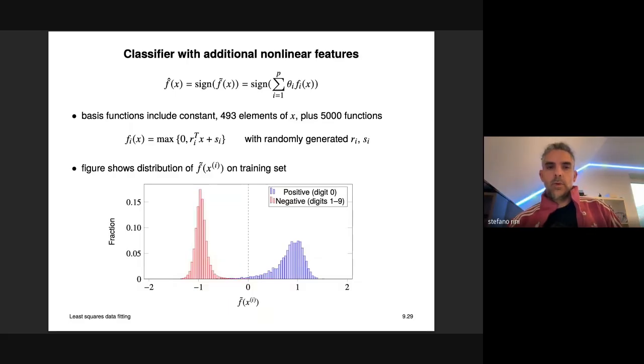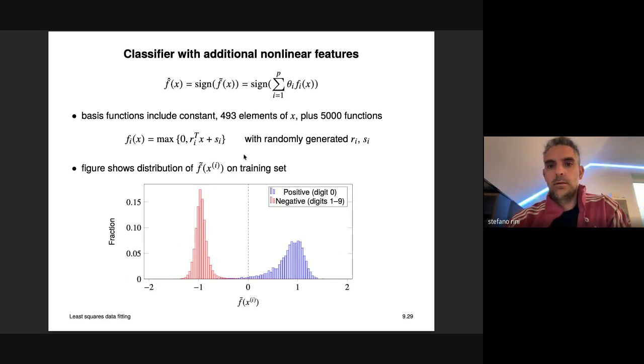And what we can do is add some nonlinear features. We can create additional random features, of the form x plus a random shift.